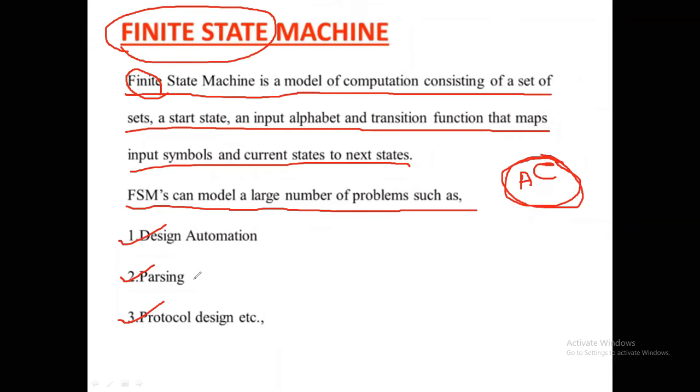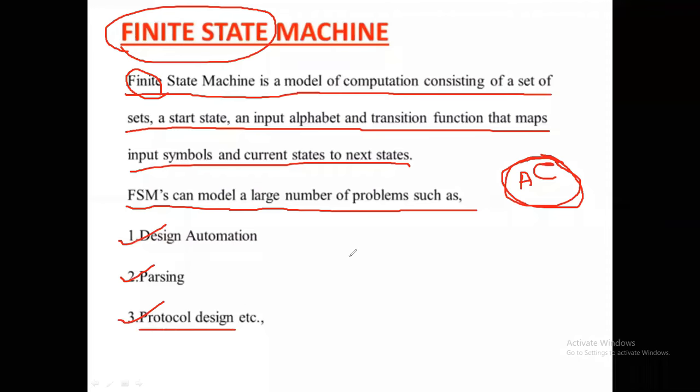And parsing: parsing is nothing but how we can convert into machine language, how you can change high level language instructions into machine understandable form. And protocol designs, you are going to write different rules for the design.